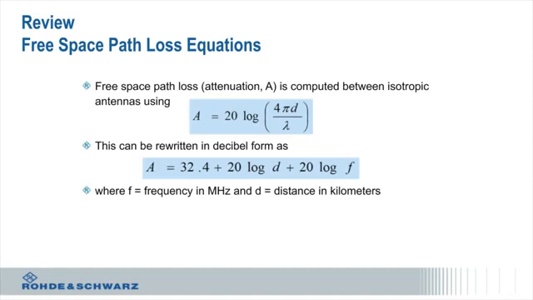In previous slides, I had spoken about dBs and dB math. So this is the common nomenclature we'll speak about in RF and microwave design. And this equation here, A equals 32.4 plus 20 log D plus 20 log F, is really the key equation that governs the propagation over free space.